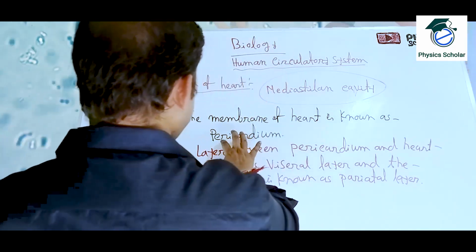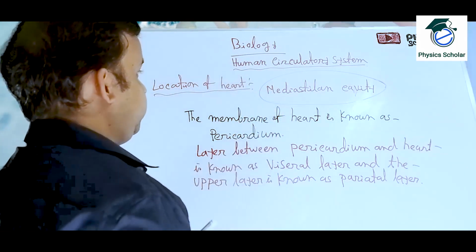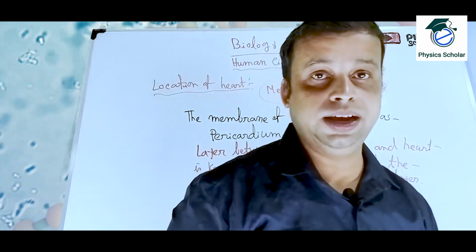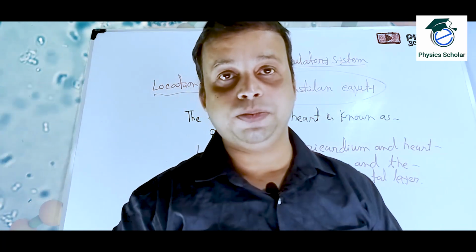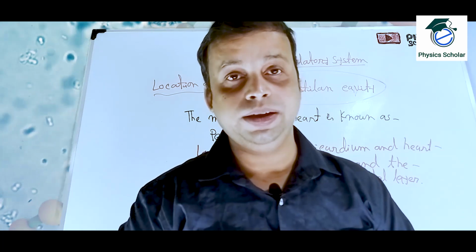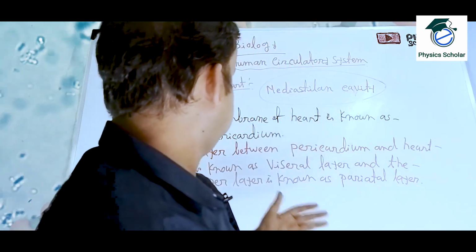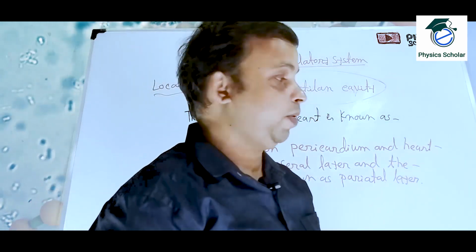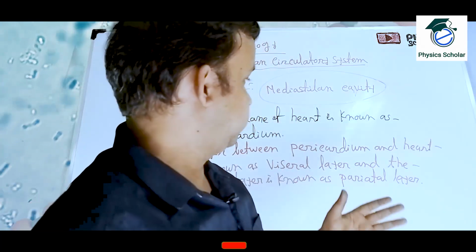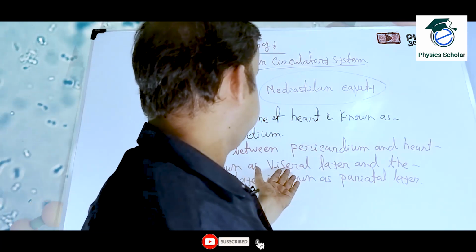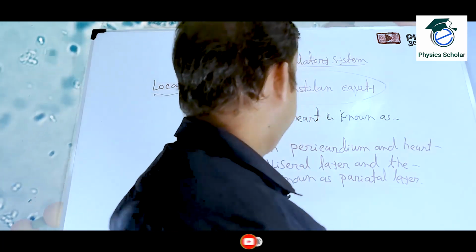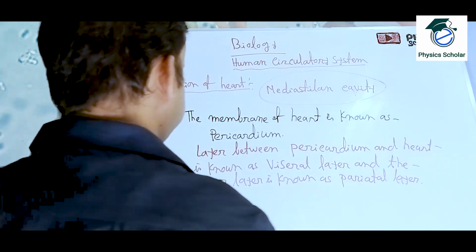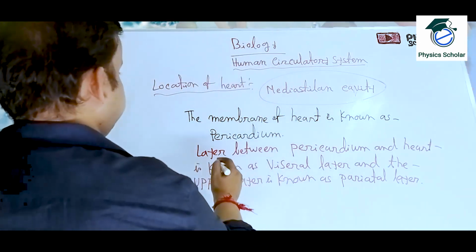So clear? That means the heart is situated in the mediastinum cavity, slightly towards the left side of our chest cavity, and the membrane of the heart is known as pericardium. Clear? And it has two layers, one is visceral and the other is parietal, and between the two layers there is a fluid.